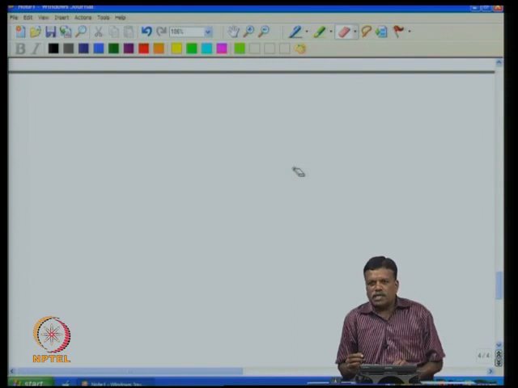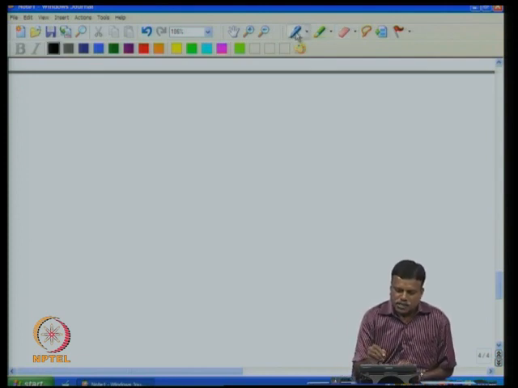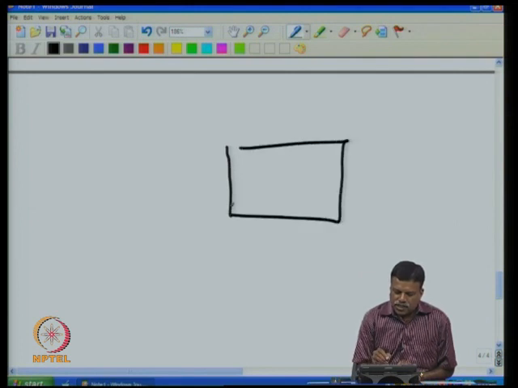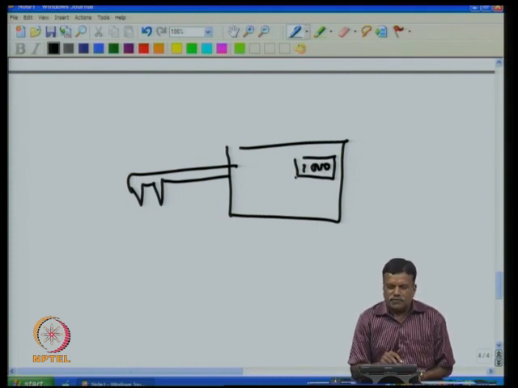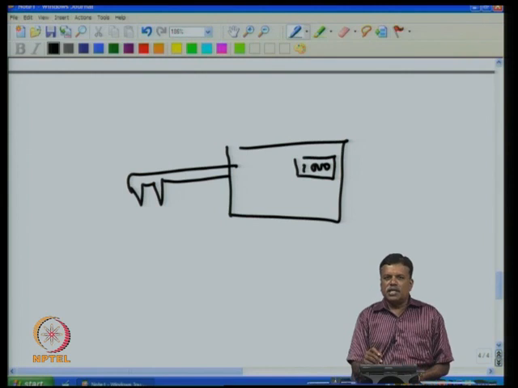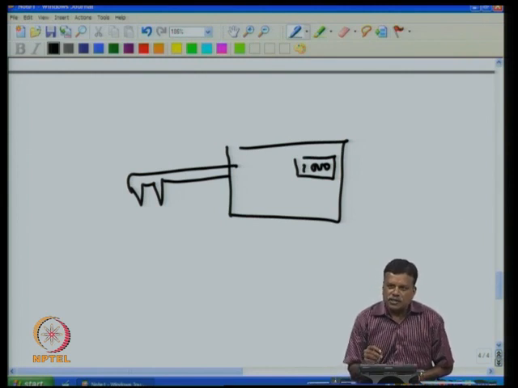For example, if I want to design a temperature indicator circuit, and I take the sensor and immerse it, so if this is my instrument, and I have a thermocouple as a temperature sensor, I connect this thermocouple to the instrument, and it is going to display the temperature here, and it may show 1000 degrees. But is it really 1000 degrees, the temperature difference between these two points, or is it 980 degrees, or 1020 degrees, or 990 degrees?